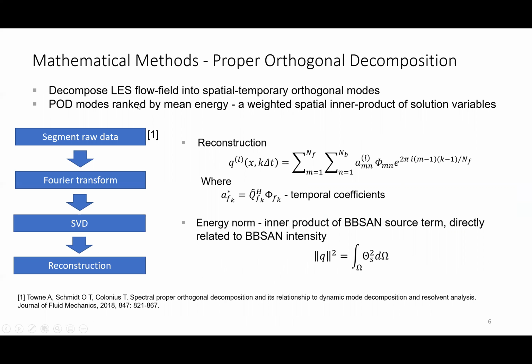In the present work, we follow the computational procedure by Towne, and we use the inner product of the BBSAN source term as our energy norm, so that the energy norm is directly related to the BBSAN intensity. After decomposition, the flow field can be recovered using an arbitrary number of POD modes.